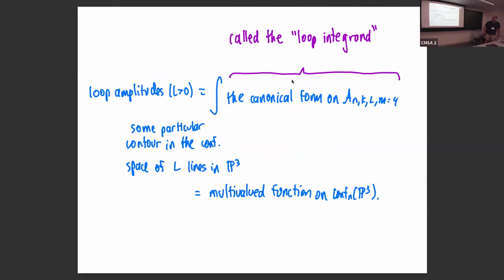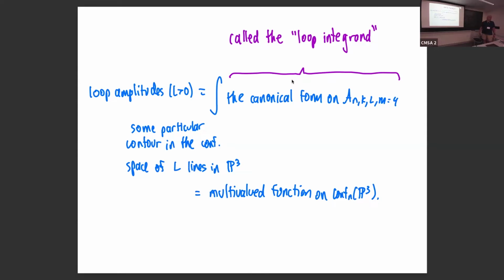In contrast, as Anastasia also mentioned, for loop amplitudes, there's another step that's necessary, and that's doing the integrals. So the loop Amplituhedron, which I'll review towards the end of my talk, gives you a rational form that we call the loop integrand. But then to actually get amplitudes, you have to integrate that object over the configuration space of L lines in P3.